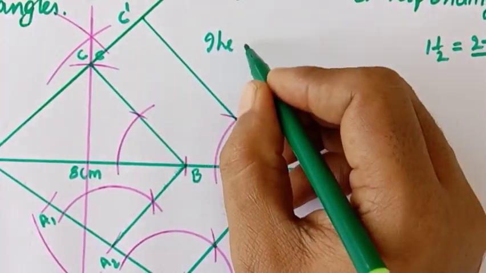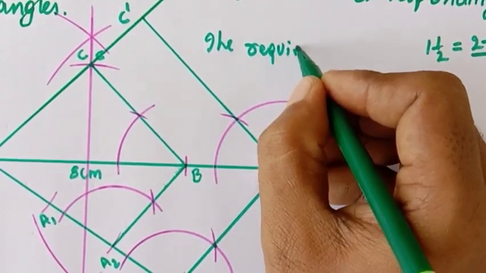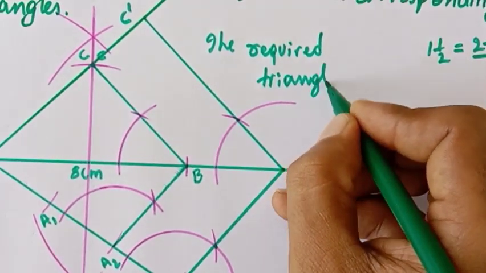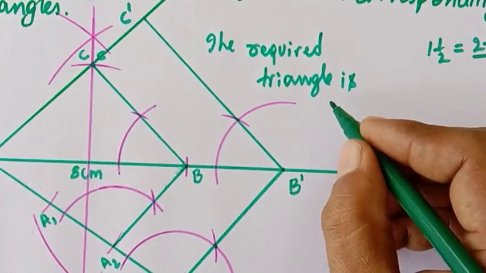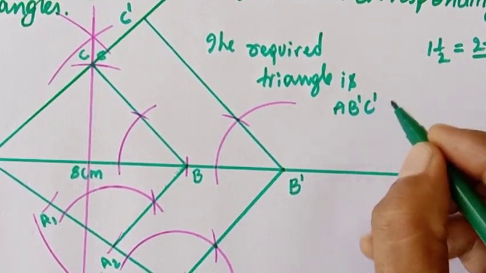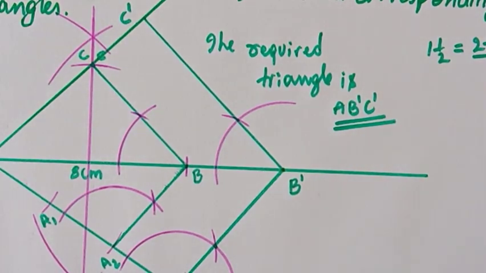The required triangle is A, B dash, C dash, which measures 3/2 of the ABC.